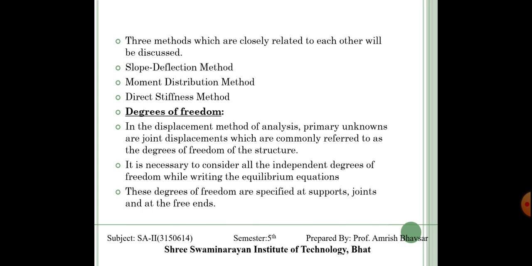In the displacement method of analysis, the primary unknowns are joint displacements, which are commonly referred to as the degrees of freedom of the structure. It is necessary to consider all the independent degrees of freedom while writing the equilibrium equations. These degrees of freedom are specified at supports, joints, and at the free end.